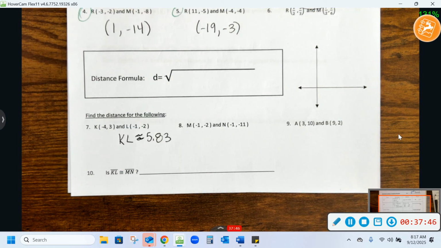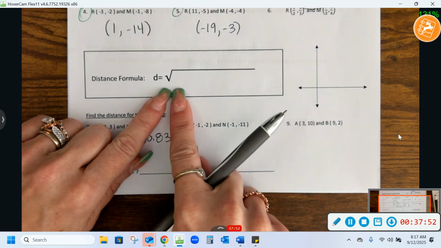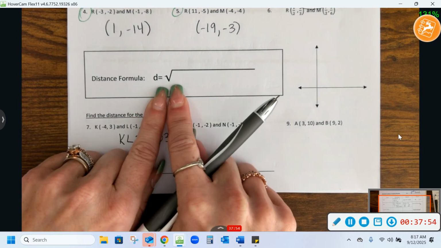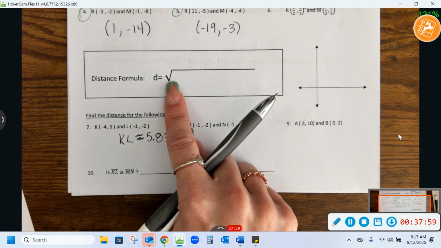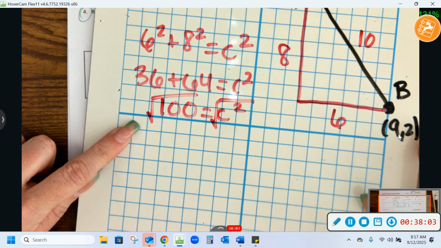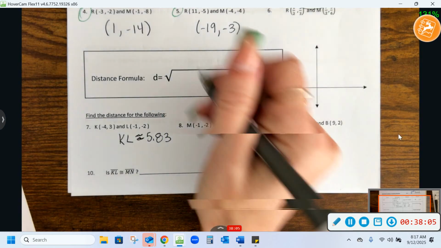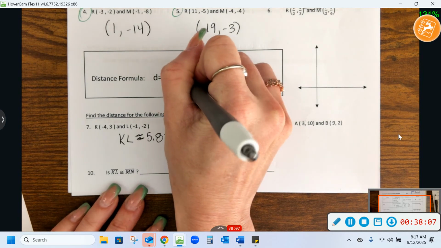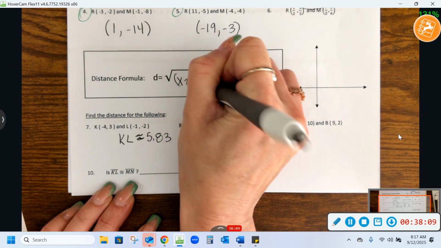Here's your formula. Your formula is going to make sense now because you know where it comes from. The distance formula is the opposite of the Pythagorean theorem. The last thing that we did right here is we took the square root, right? So this is the square root of x2 minus x1 squared.